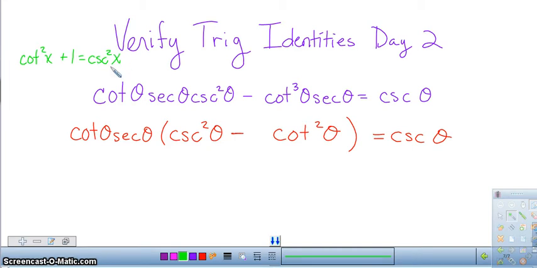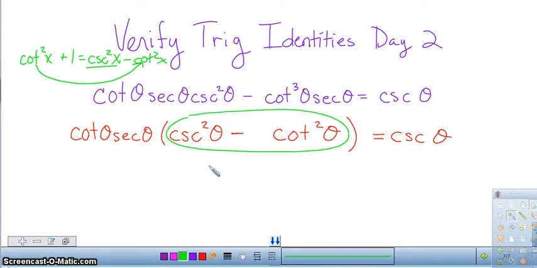So what that means is cosecant squared minus cotangent squared, if I bring it over there, is going to equal 1. So since we factored, this whole thing can just be 1. So you get 1 times cotangent of theta, secant of theta, equals cosecant of theta.